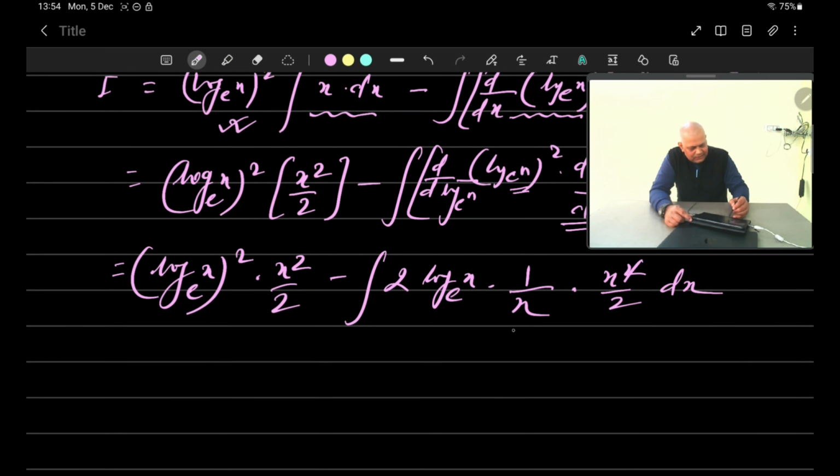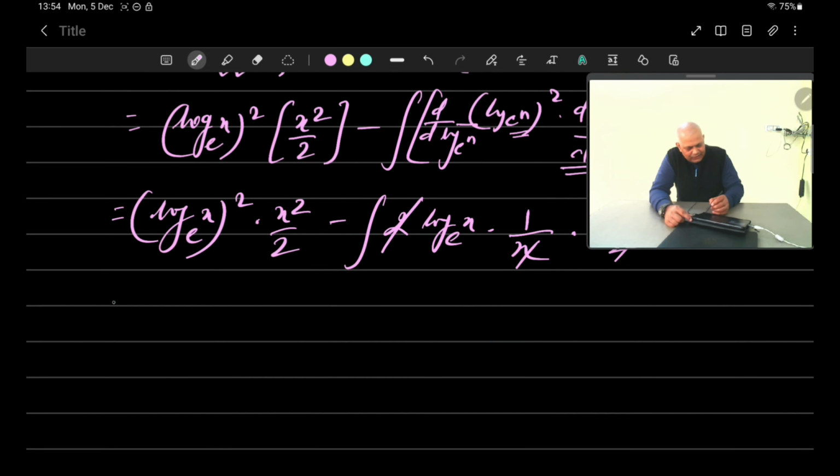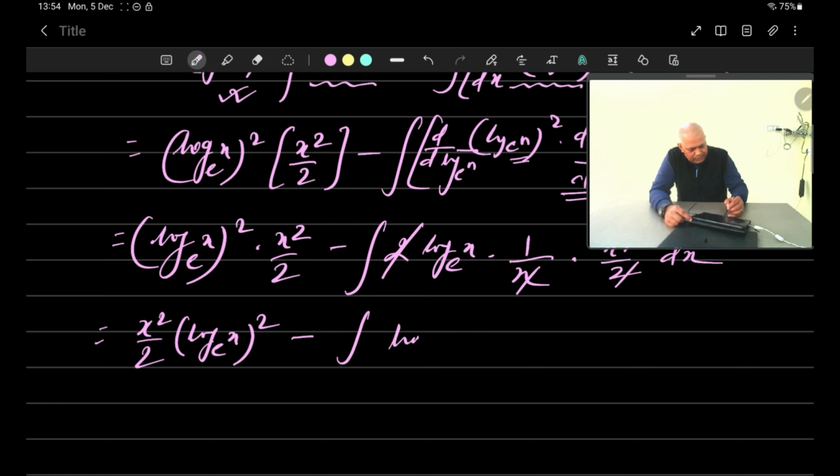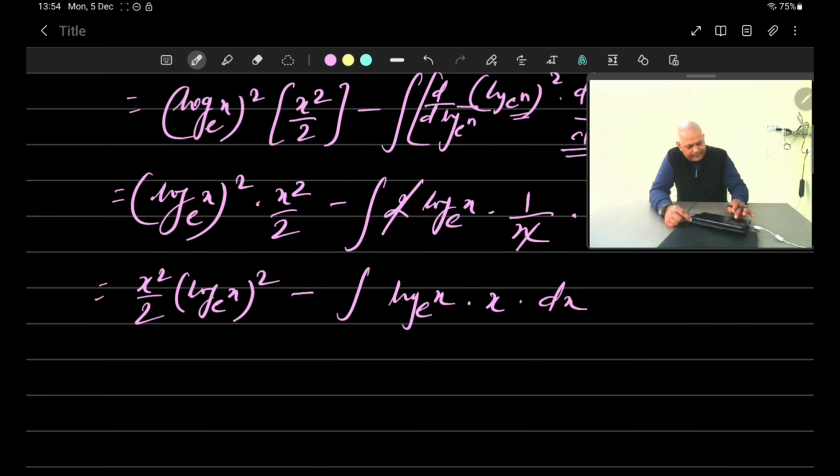Now you can cancel x squared by this x, and cancel this 2 by this 2. So now the answer is x squared by 2 times (log x) whole squared, negative sign, integration of log x times x times dx.